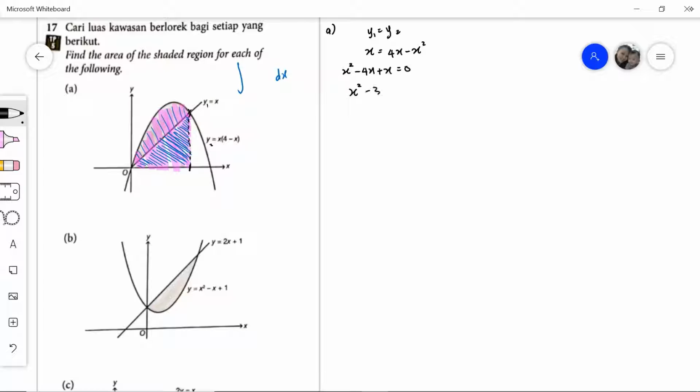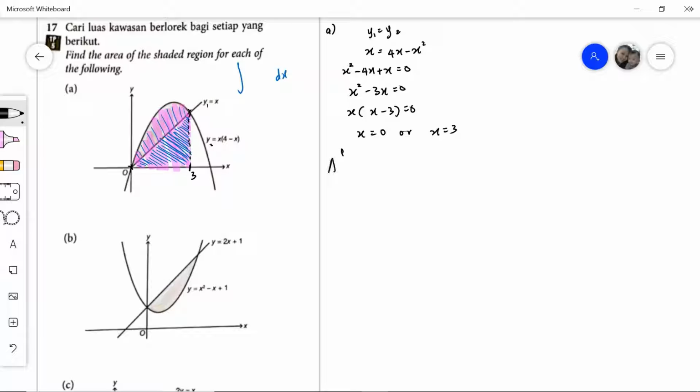So x squared minus 3x equals 0. We factorize it. So x times (x minus 3) equals 0. Therefore, either x equals 0 or x equals 3. So we got two points of intersection. One is at the origin, x equals 0. Another one is here, x equals 3. Therefore, when we integrate, we shall integrate from 0 to 3.